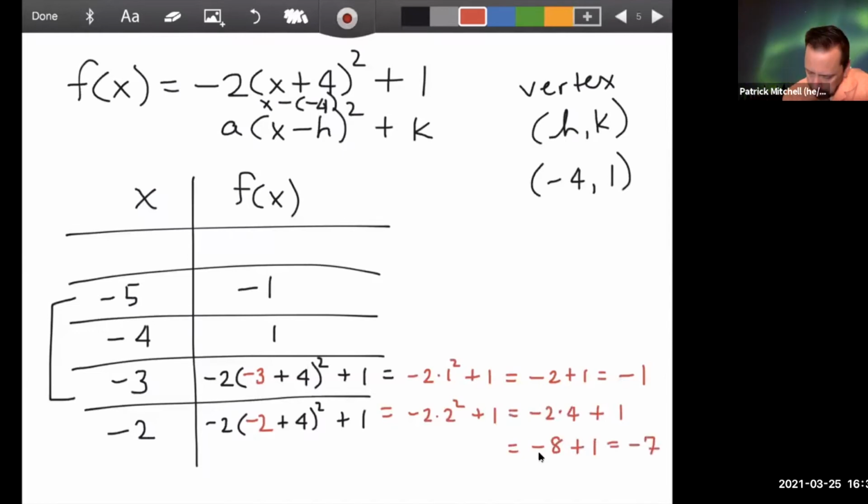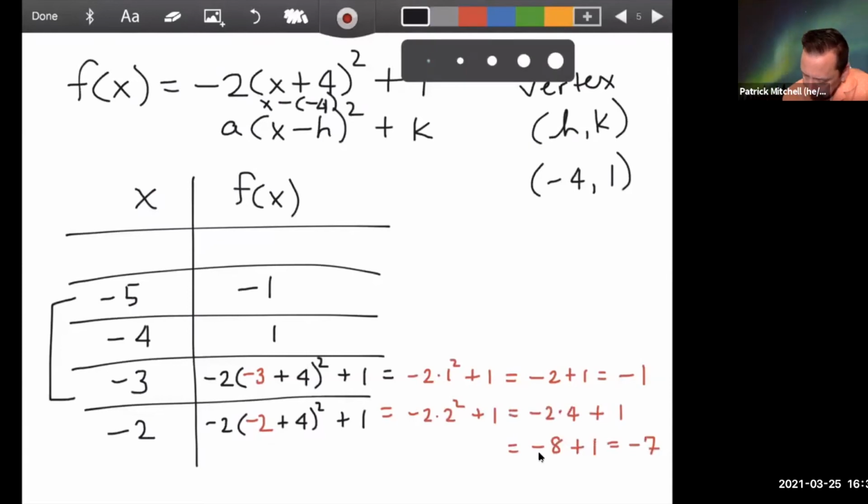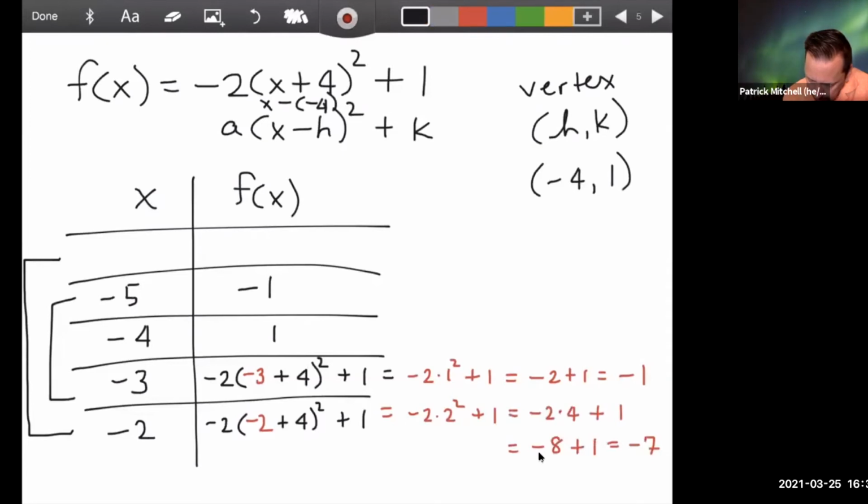All right, so that's for -2. If we mirror that across the vertex to -6, which is 2 units to the left of the vertex, that is also going to be a -7.